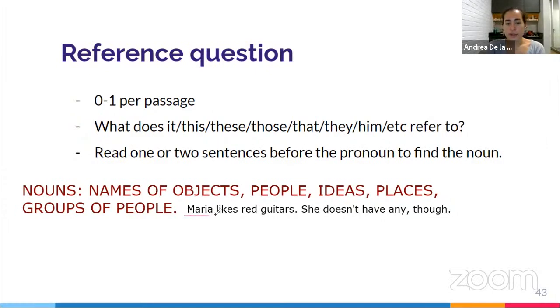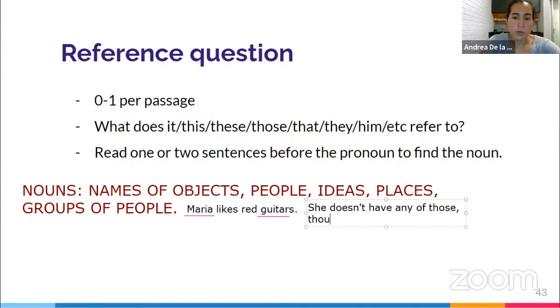So in the first one, we said that we have two nouns, right? We're gonna make this even better. I'm gonna change this so that you can see more examples. Let's say: he doesn't have any of those.